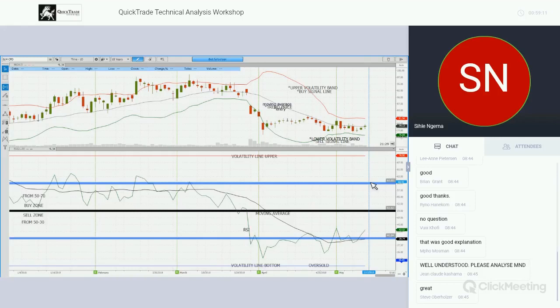Now, where are you going to be buying this share? You are going to be buying this share in the buying zone. That means you first wait for your RSI indicator to go towards the 50 level. When it gets to the 50 level, then you buy the share from there.